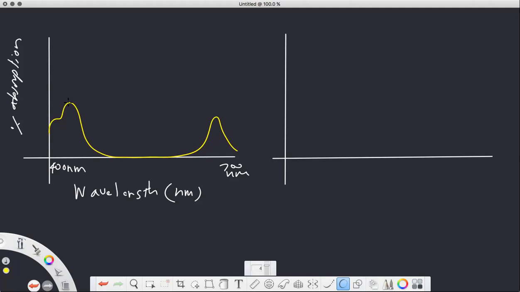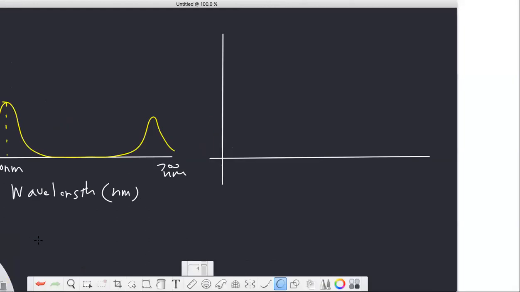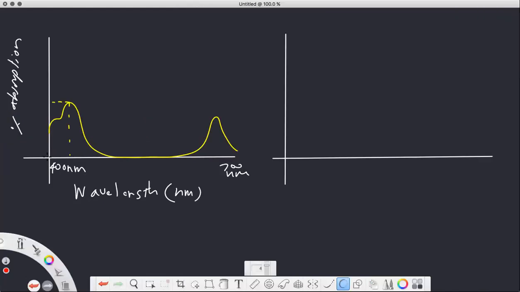If we look at this point, at the given wavelength, this is the percentage of light absorbed by chlorophyll A. Let's take chlorophyll B. Chlorophyll B can also absorb in this range, and again it's decreasing here, and then again it can absorb here. So this is B, and this one is A.